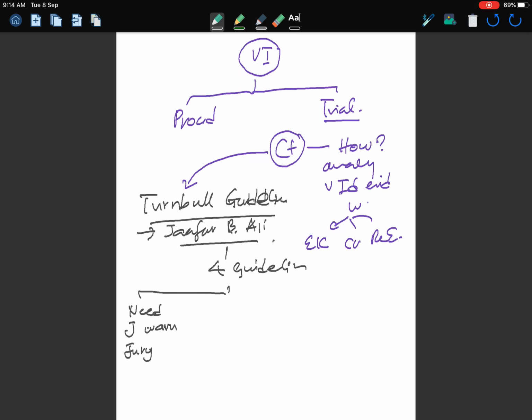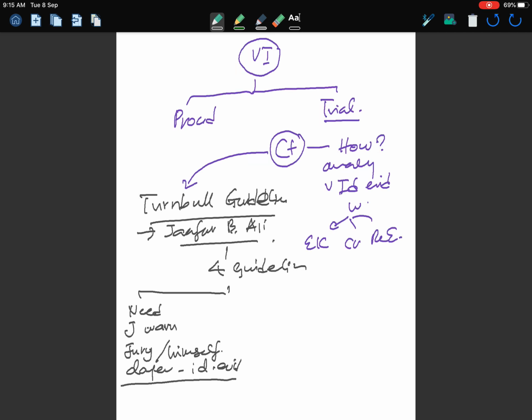Basically, there are 4 guidelines in Turnbull. Number 1, there is a need for the judge to warn the jury. This is in the context of the common law in the case of R v Turnbull. So in Malaysia, we have to modify it: there is a need for the judge to warn himself as to the danger of identification evidence.